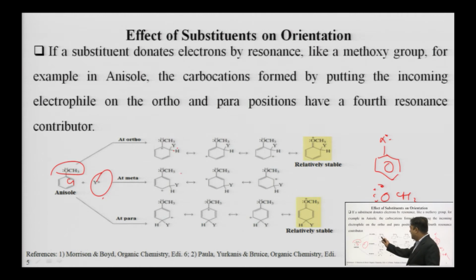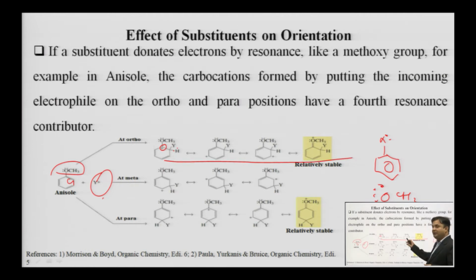Again this positive charge will be delocalized all along the benzene ring and we are getting delocalized resonating structures. After delocalization occurs in the benzene ring, this positive charge goes to the oxygen also. So there are possibilities of 4 resonating structures.